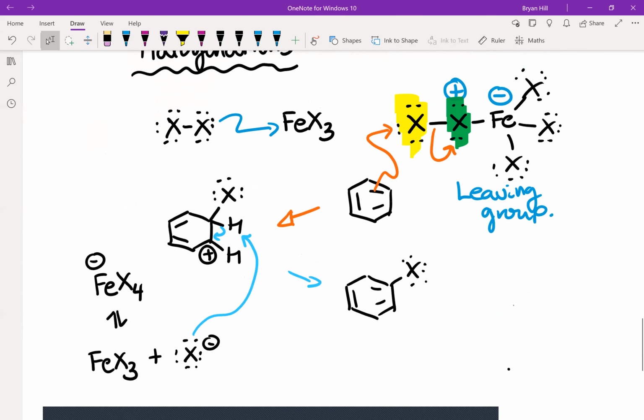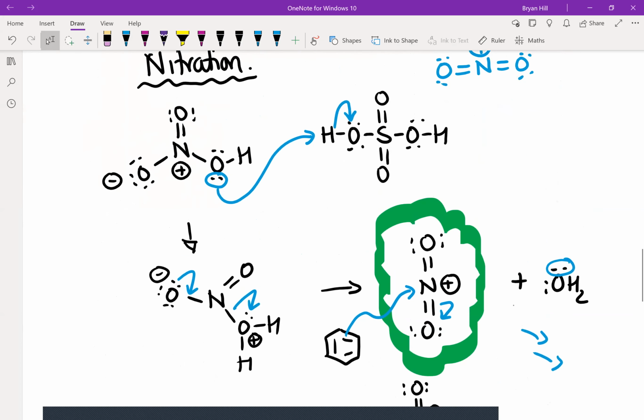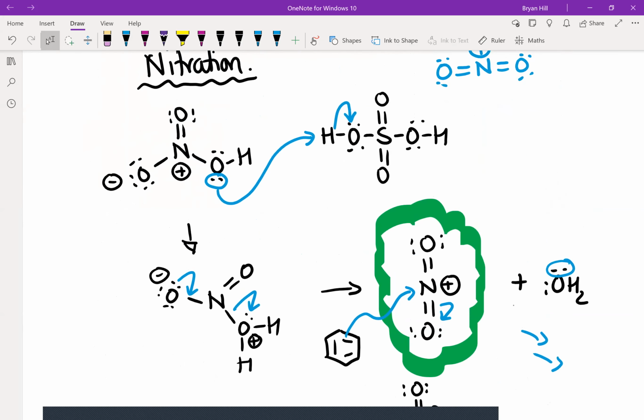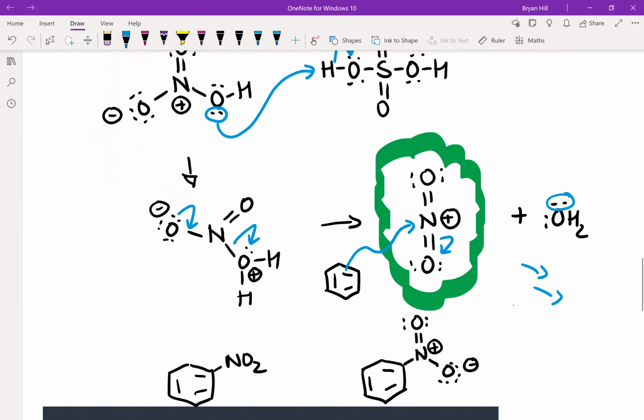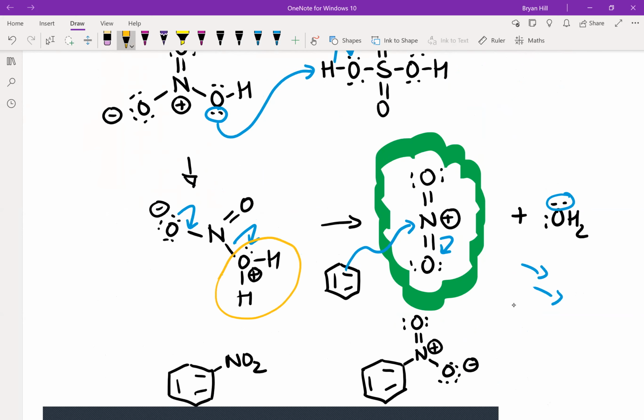Right. So before I move on, I guess I should ask. The tricky part to both of these is just figuring out what the reactive electrophile is. So the nitration reaction, it's in fact the nitric acid which acts as the base, sulfuric acid acts as the acid. We generate a leaving group, which is the water.